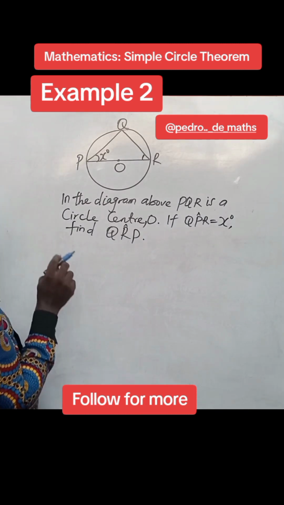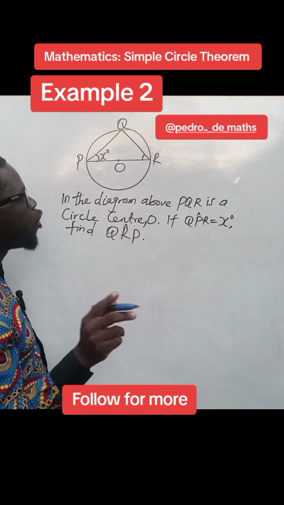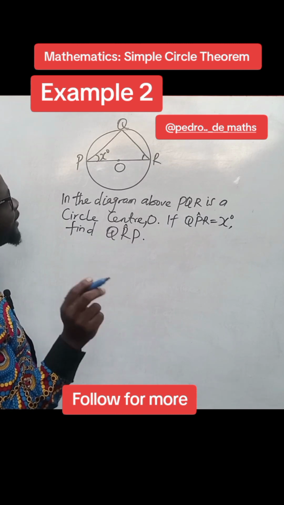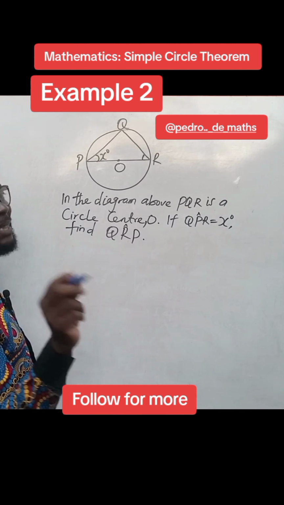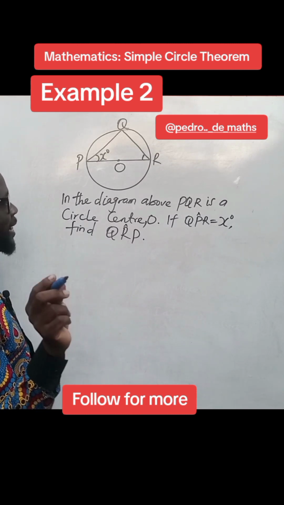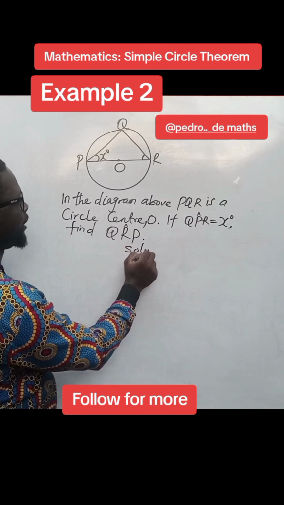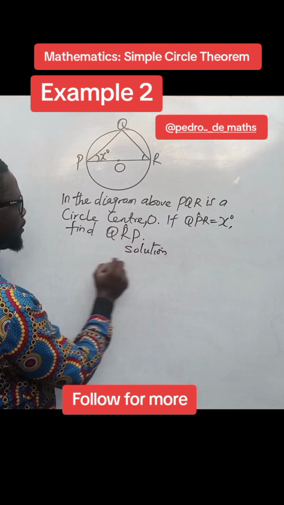Looking at this, you have to recall your circle theorem that states that the angle in a semicircle is 90 degrees. So quickly you just go like this.